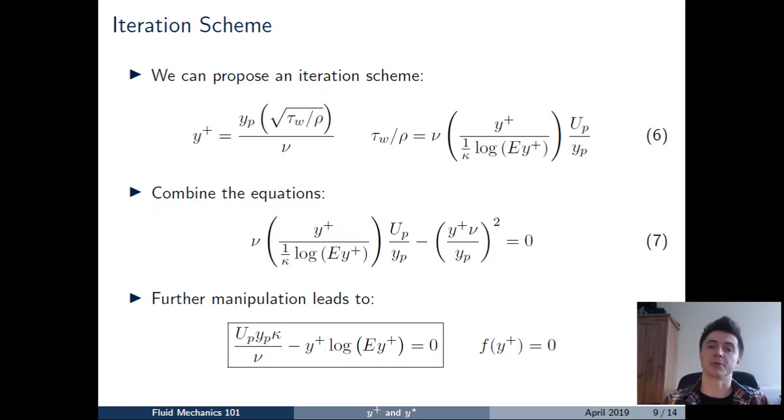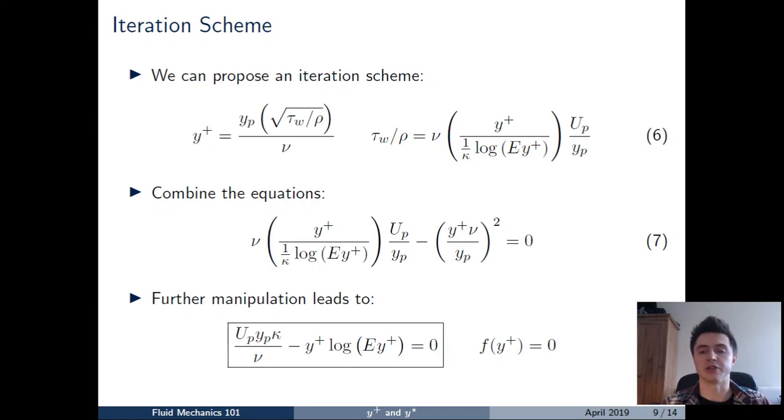And so to propose our iteration scheme, if we combine the two equations in equation 6 together, we reach equation 7, and the way I've chosen to do it is by squaring the yPlus equation on the left hand side and combining that with equation 6.